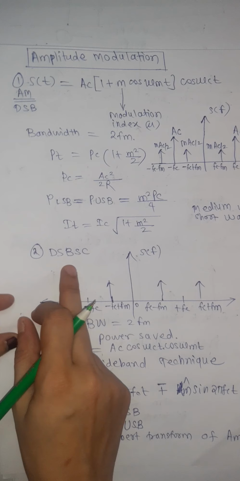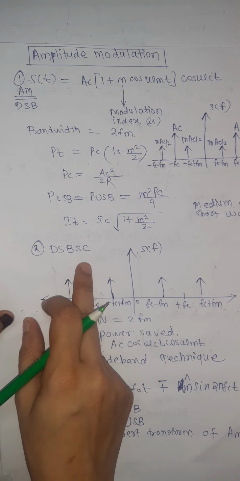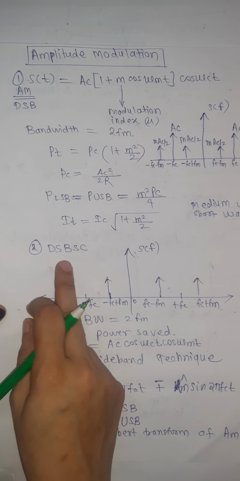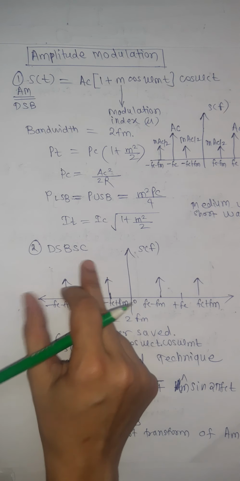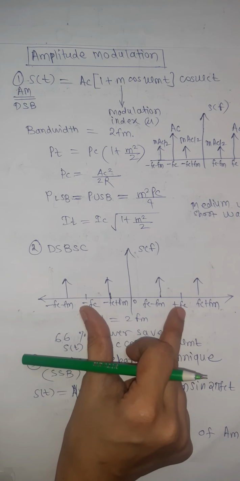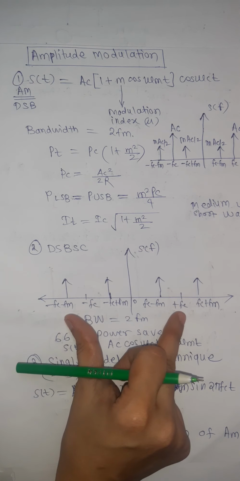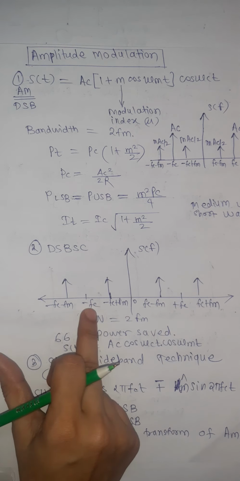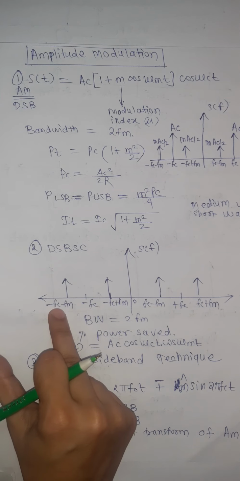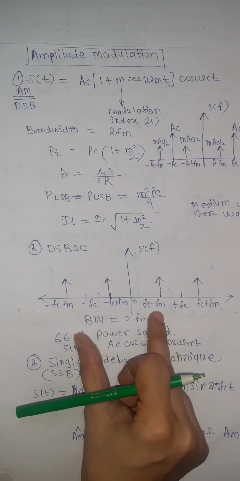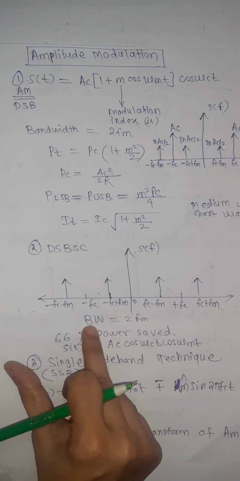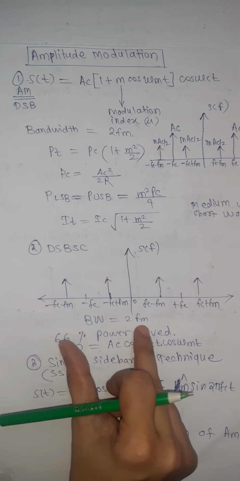Now the second type of amplitude modulation is DSBSC, that is double sideband suppressed carrier. As the name itself indicates, suppressed carrier means the carrier signal is suppressed here, it is not present, it is eliminated. So here minus fc, this is the lower sideband, this is the upper sideband, and bandwidth is twice fm.